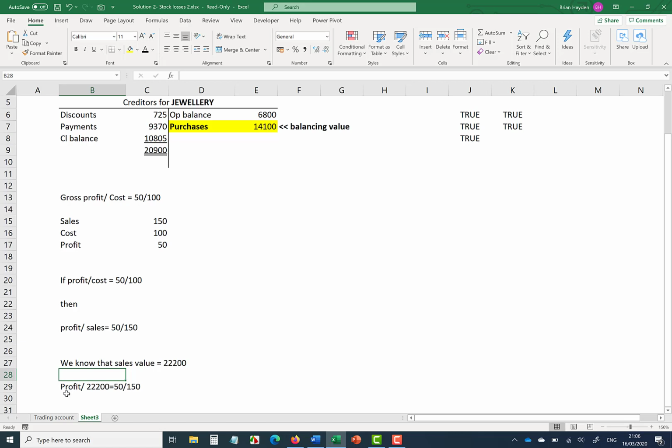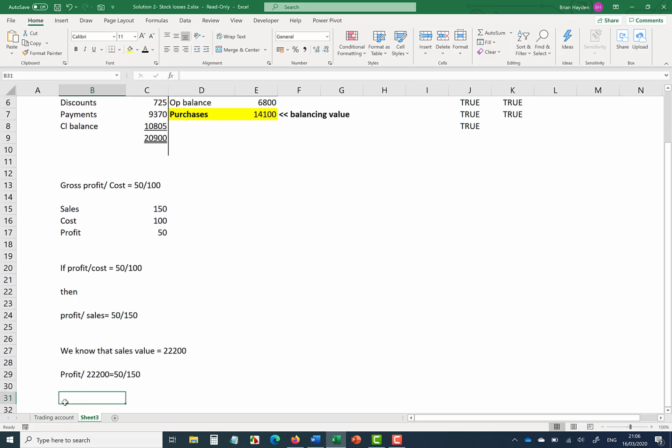You simply multiply both sides by this number here. So the final bit is therefore profit equals 50 divided by 150, and that's all multiplied by 22,200.